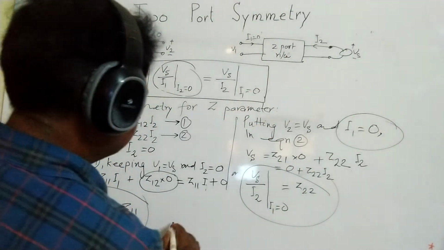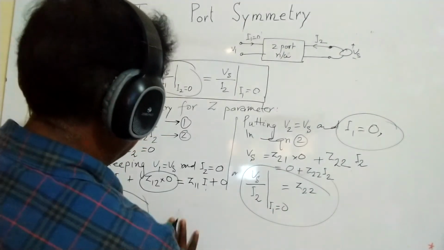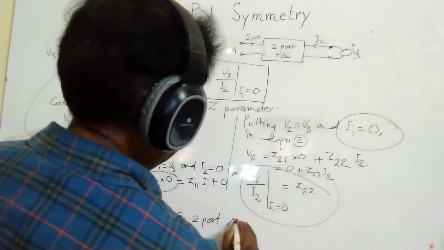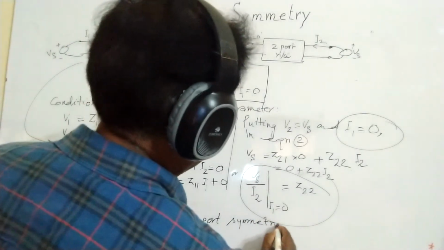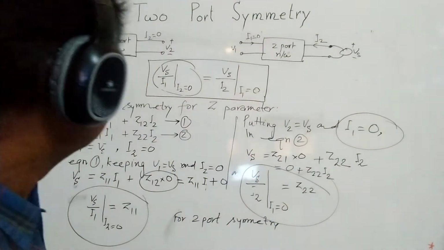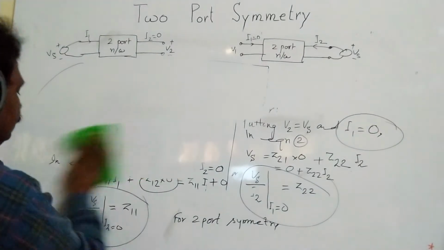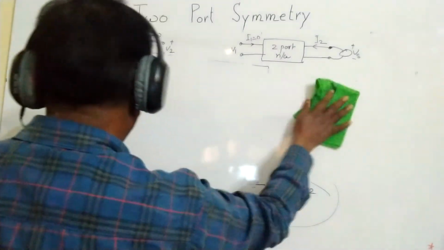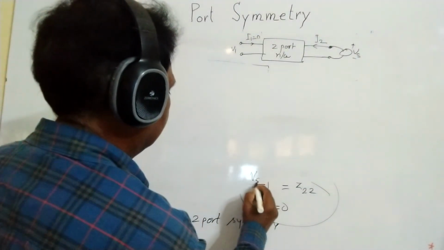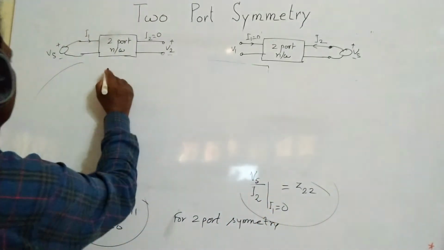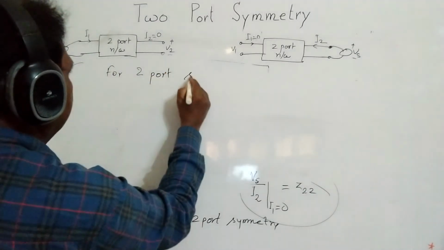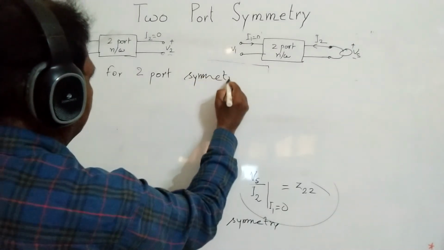Then for two-port symmetry, what should be done?